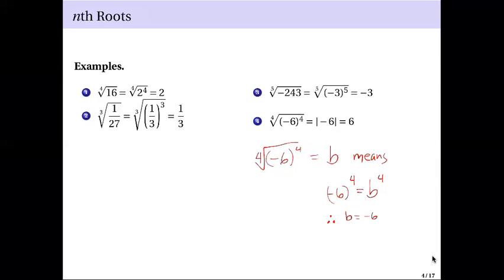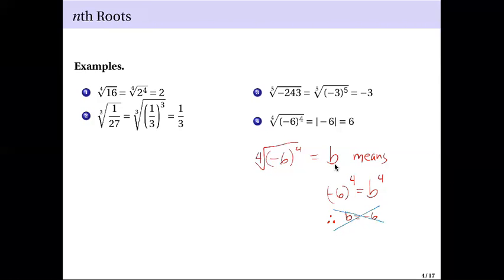Now, I want to tell you that this is not correct. Why? Remember our remark? If the index is even, the radicand, or the one inside the radical symbol, must be greater than or equal to 0. And also the b must be greater than or equal to 0.